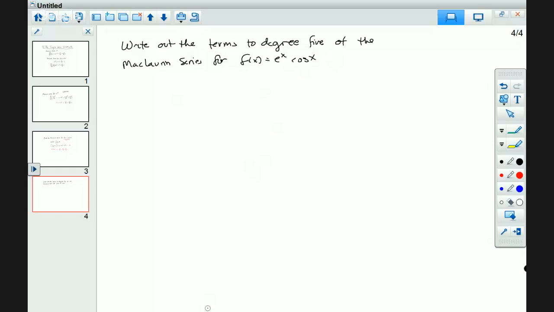Okay, e to the x. Is that 1 plus x plus x squared over 2 factorial? Okay, hopefully we get that one now. Notice it says degree 5, so I'm going to write out to degree 5 for each of them.